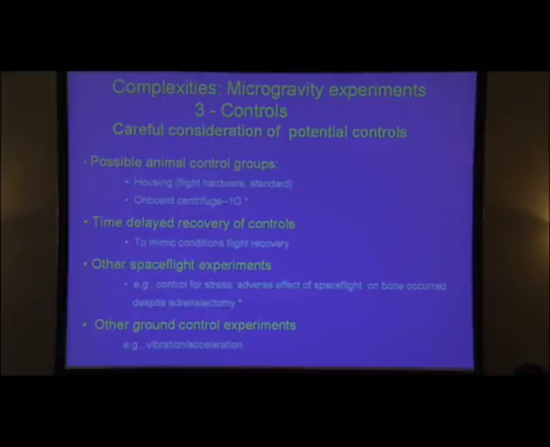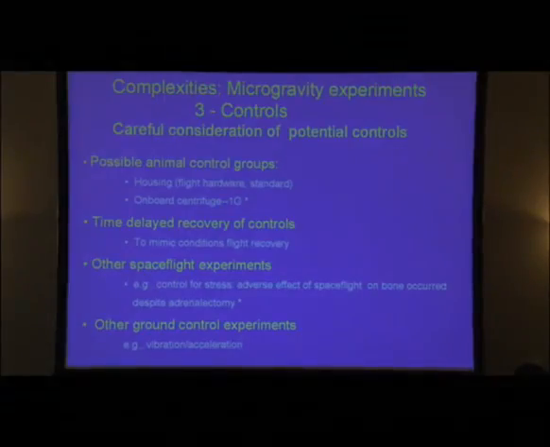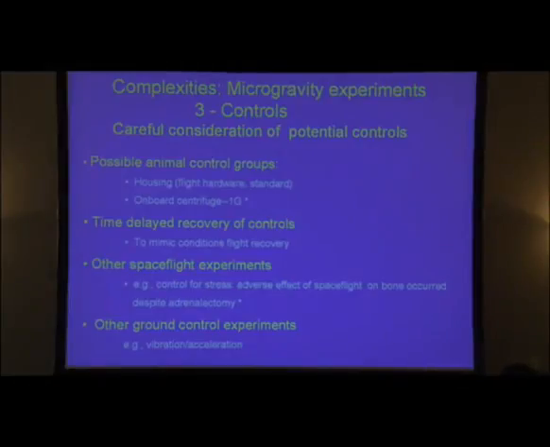And in those animals, they still had bone loss. So we knew from that that the bone loss is independent of the stress response. Those kinds of studies need to be done also in other species.